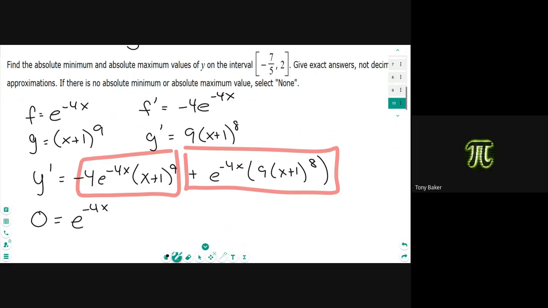Yeah, I have x plus 1 to the 9th in the first one, x plus 1 to the 8th in the second one. Let's pull that out. Now, what do I have left? Well, I have -4 here, and then x plus 1. Oh, you're right, there is a 9 there. Sorry, thank you. I missed the 9.